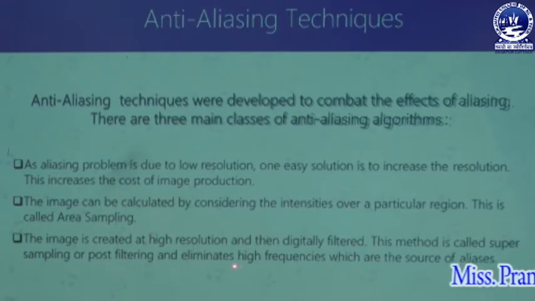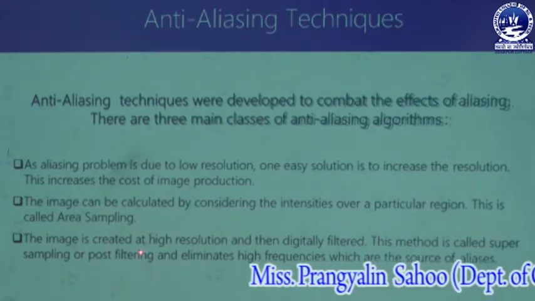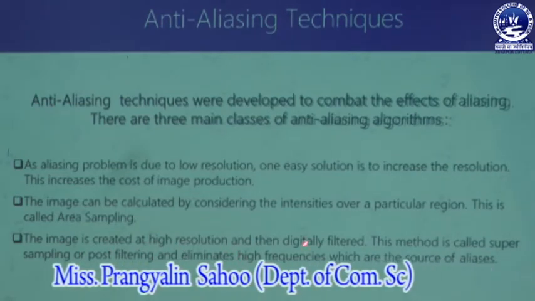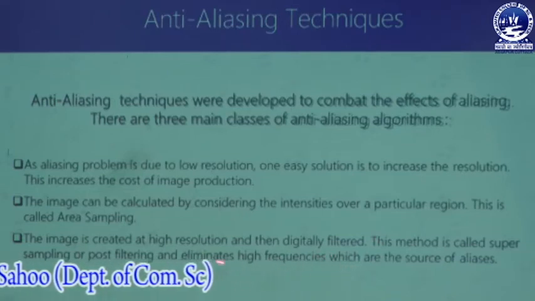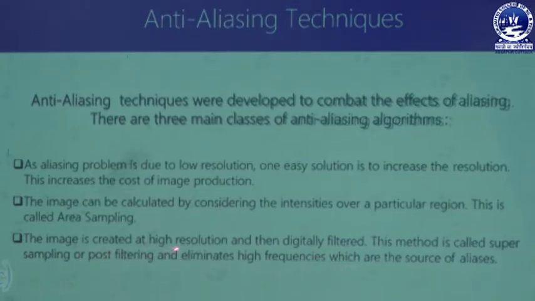Now the third rule says the image is created at a high resolution and then digitally filtered. That means, as we know, suppose you have to create a large image, but at the time of execution a very low resolution is provided on the output screen. So then it is digitally filtered, and this method is called super sampling or post filtering.